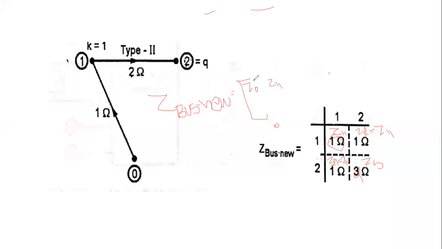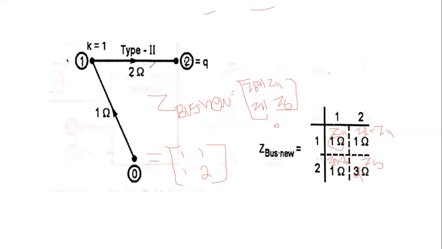Z bus old means the Z11. This is also equal to Z11 and Z11 and ZS. Therefore Z11 is 1 ohm and Z21 is also 1, Z12 is also 1, and Z22 equals ZS.